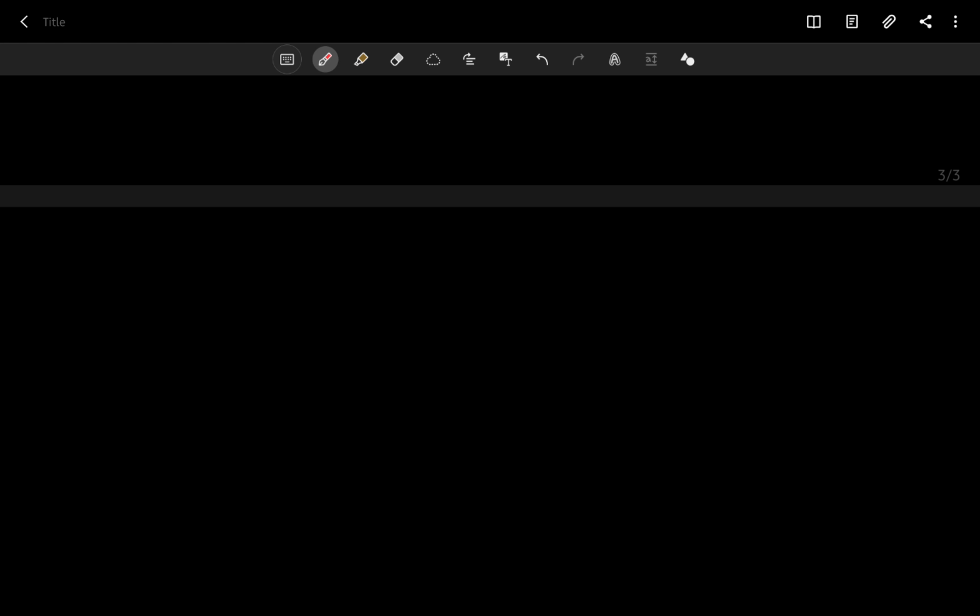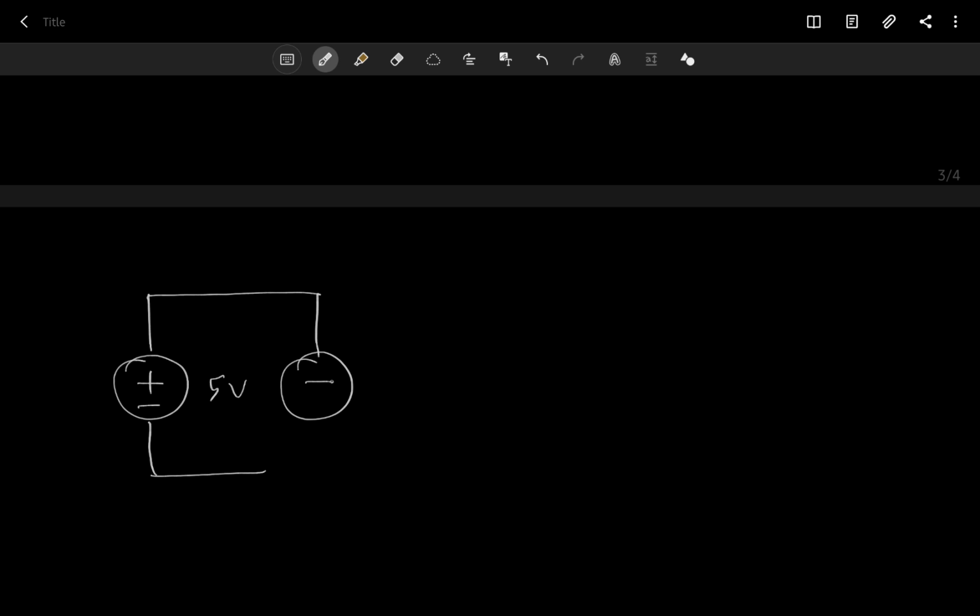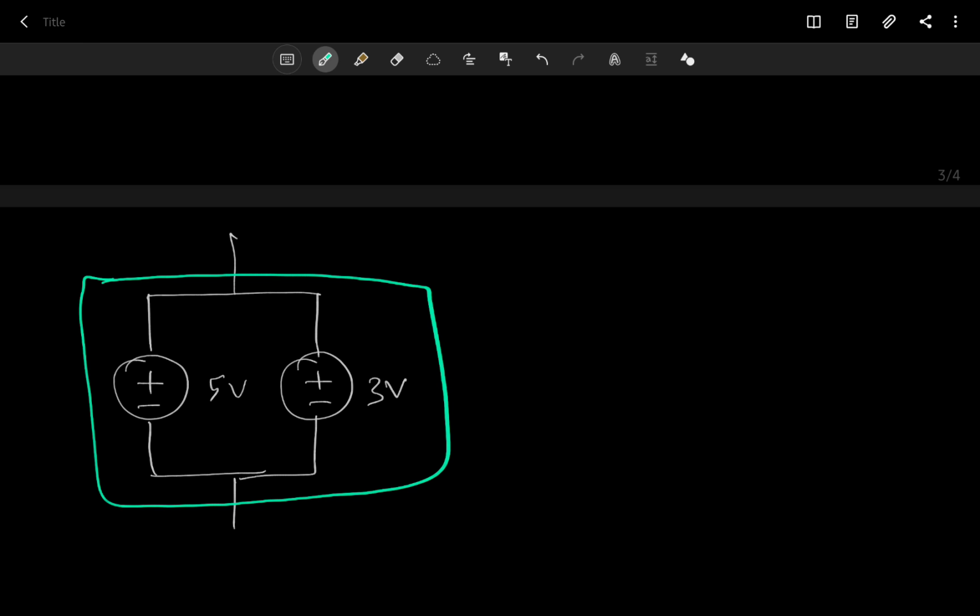Now, what about voltage sources in parallel connections? So let's say you have 5 volts here and 3 volts here in parallel connection. What will be the equivalent circuit for this? Well, this is a bit of a trick question because this is actually illegal. You cannot have 2 voltage sources in parallel connection.